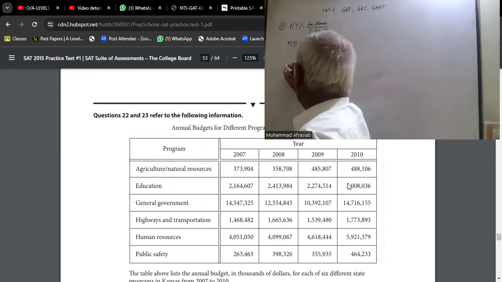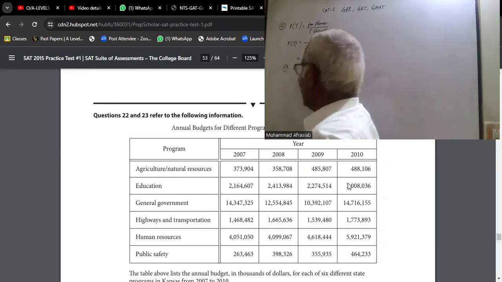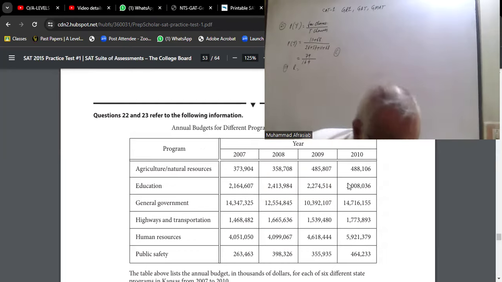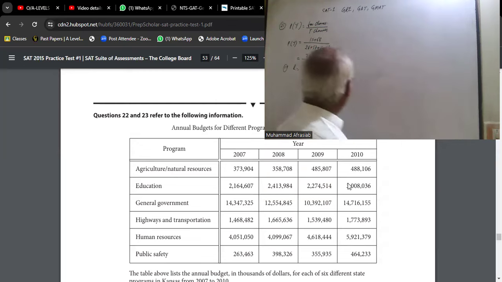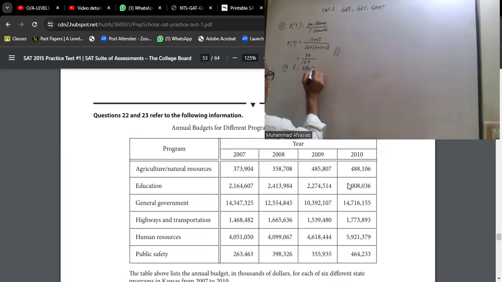So the rate for question 22 will be basically equal to 488,106 minus the year 2008 value, 357,708. Because they are asking for 2 years, the number of years is equal to 2.